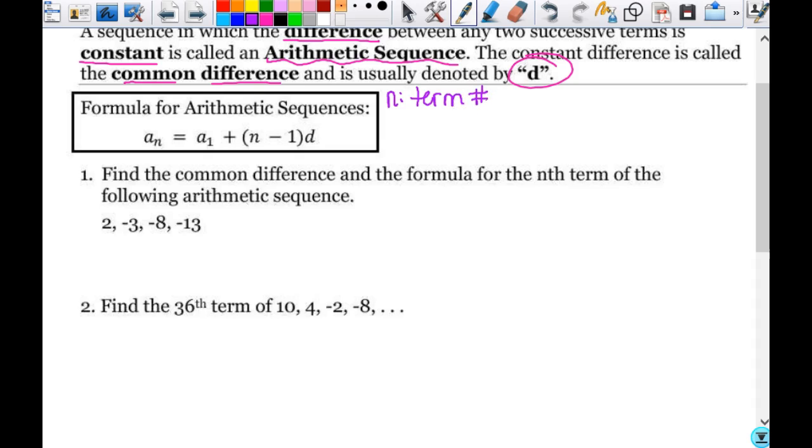A sub 1 would just be the first term. D is the common difference, so we've already talked about what that is. And then A sub n is a specific term value.